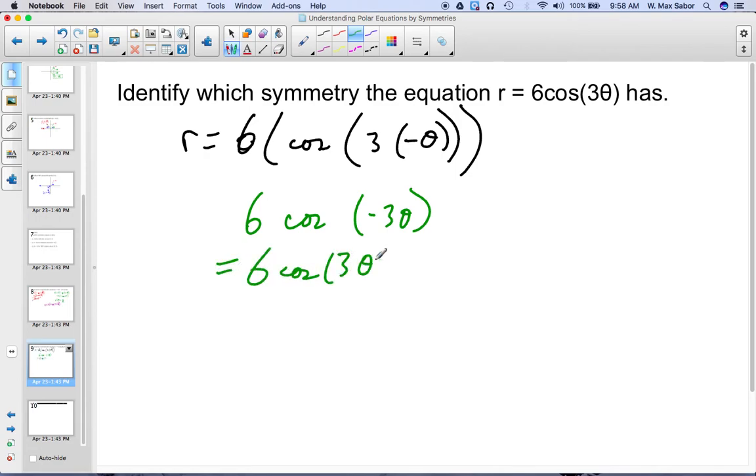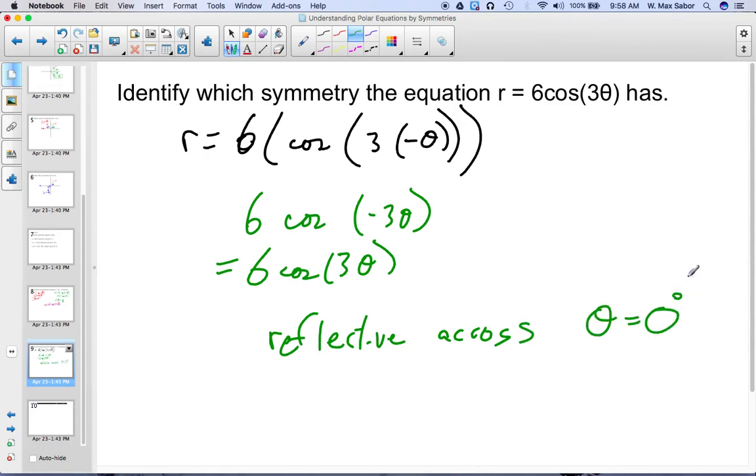So this does have reflective symmetry across theta equals 0. So in other words, once we find whatever it looks like on the top, then it'll give you the same thing on the bottom.